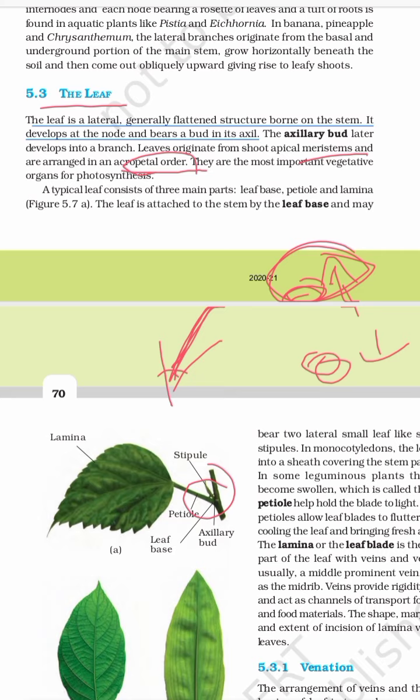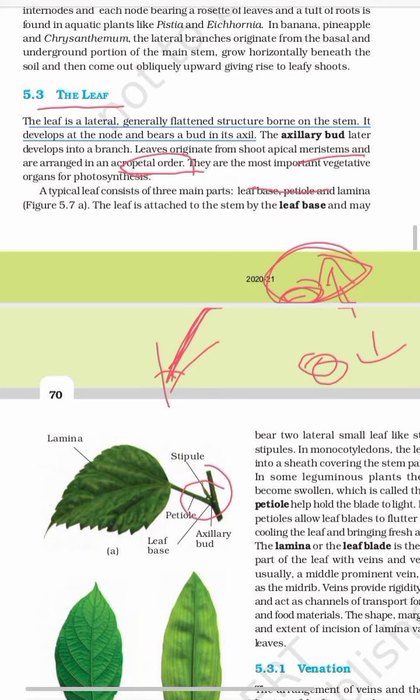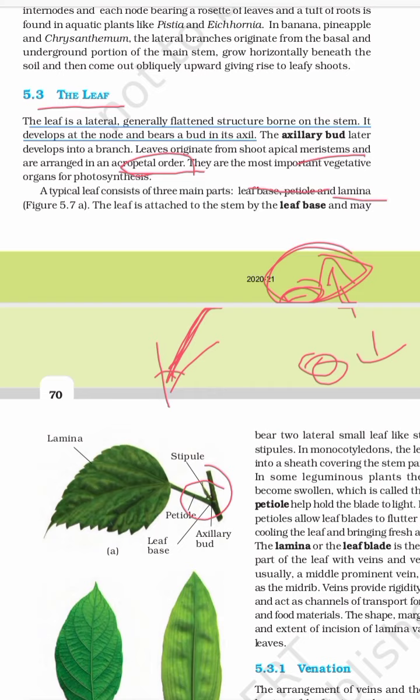So now let us see the structure of the leaf. The leaf structure consists of mainly three parts. The first part is the leaf base, then the petiole and the lamina. So what do you mean by leaf base?